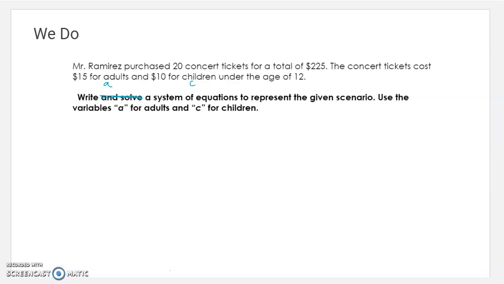And so right away I see that, right? So however many adult tickets times 15 plus however many child tickets times 10, $10 per ticket, $15 per ticket, that's going to add up to $225. There's my first equation. What's my other one? The other one's a little sneaky here.